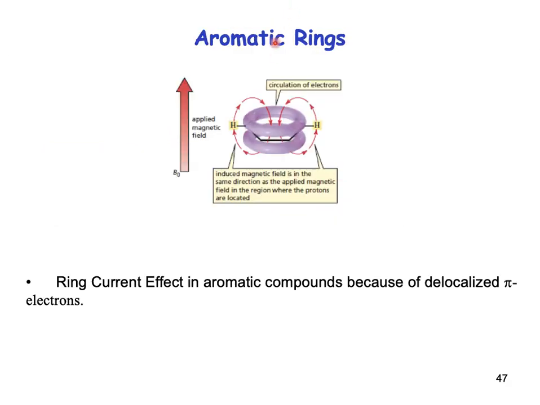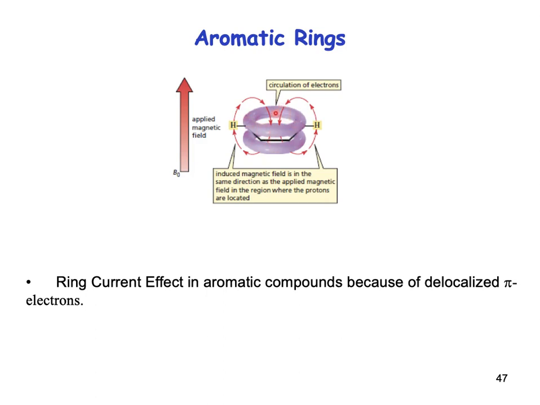In the case of the aromatic compound, I told you that the protons of the aromatic ring are more de-shielded as compared to other protons. Why? Because these aromatic clouds generate a ring current, and this ring current is because of the pi electrons.